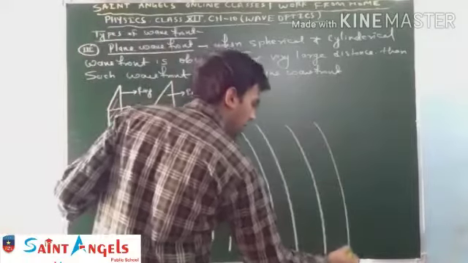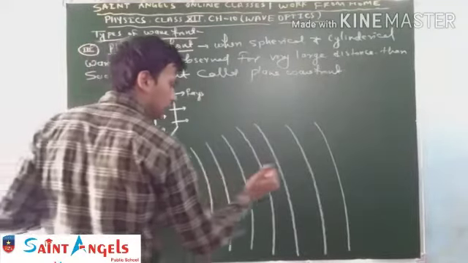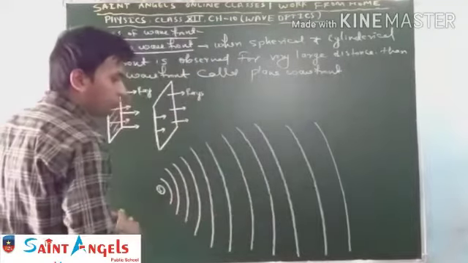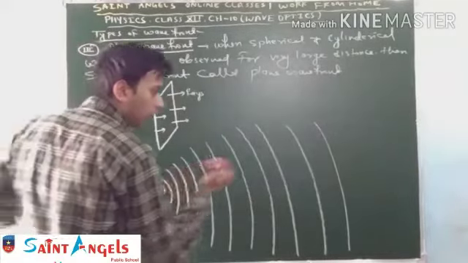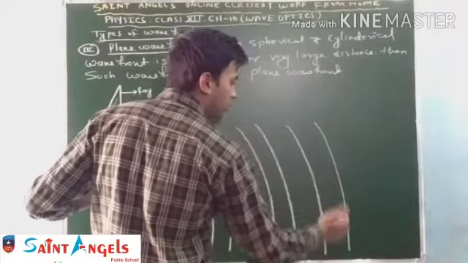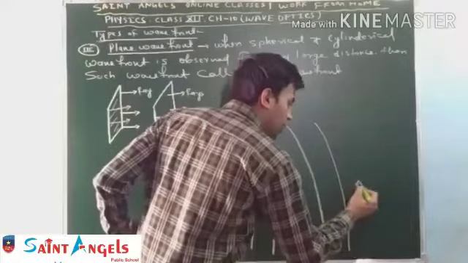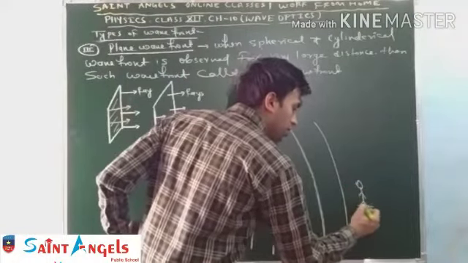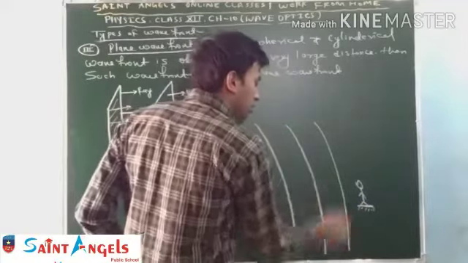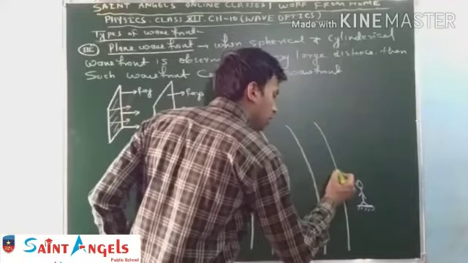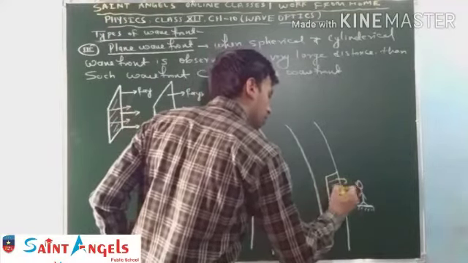It is clear that as we move away from the source, the curvature of the wavefront decreases continuously. Here curvature is maximum, and at that point curvature is minimum. When this distance is very large, then for any observer placed at that point, this wavefront appears as a plane wavefront, not a spherical wavefront.